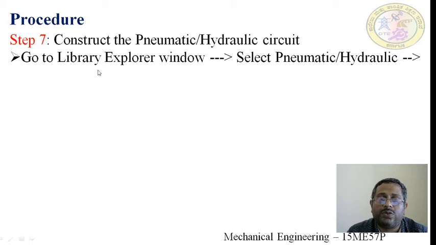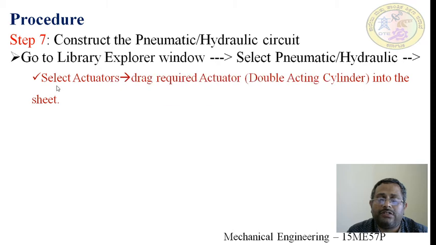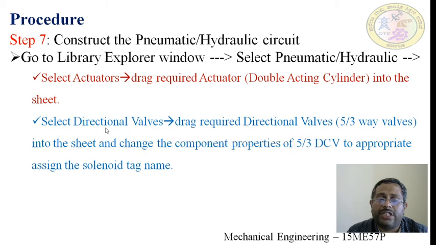In the next step, you have to construct the pneumatic circuit. For that, you have to go to the Library Explorer window and select pneumatic, and in that you have to first select an actuator, drag the required actuator. Here that is a double acting cylinder into the sheet. After placing an actuator, you have to select which DCV we want.